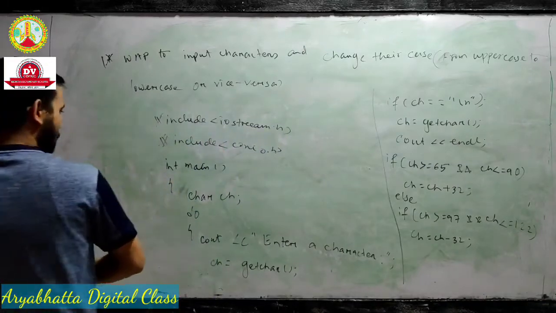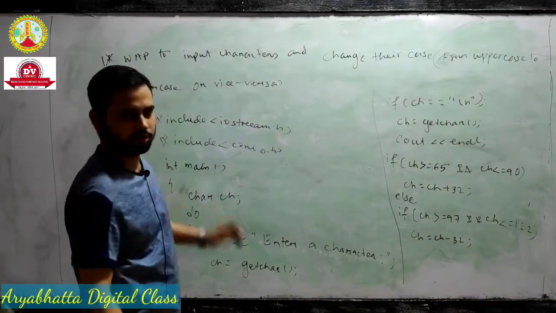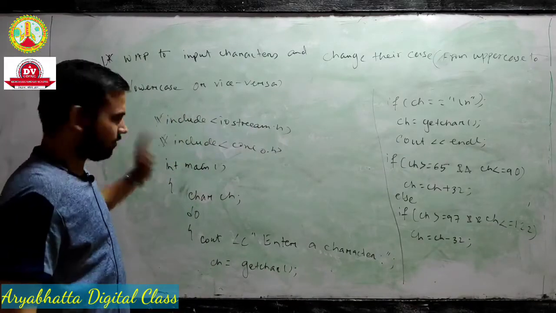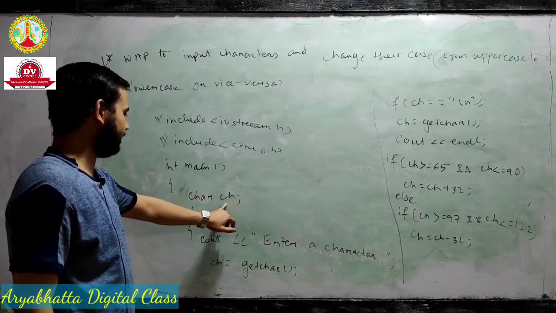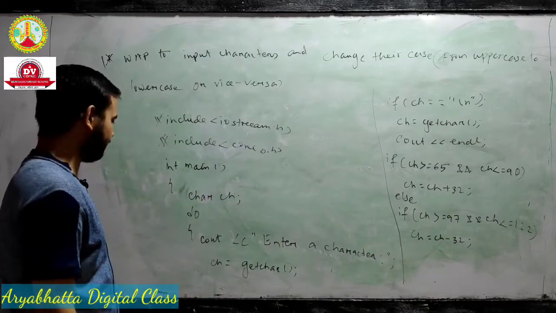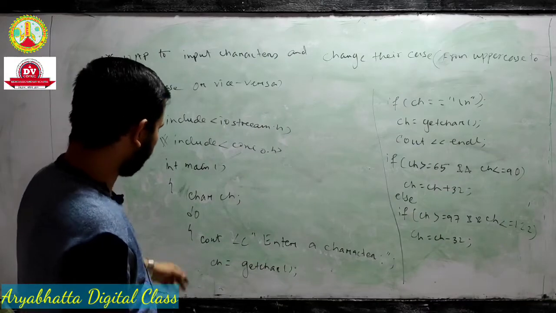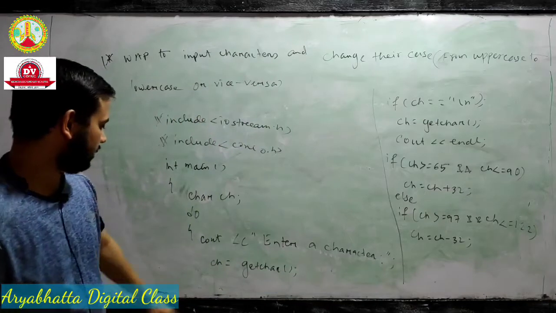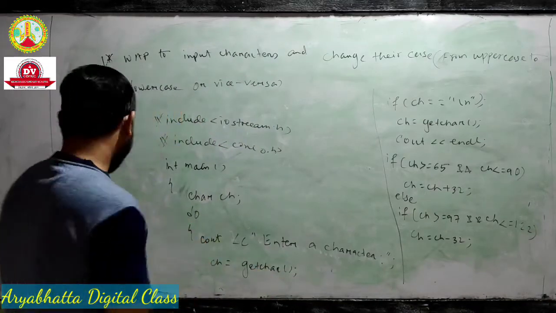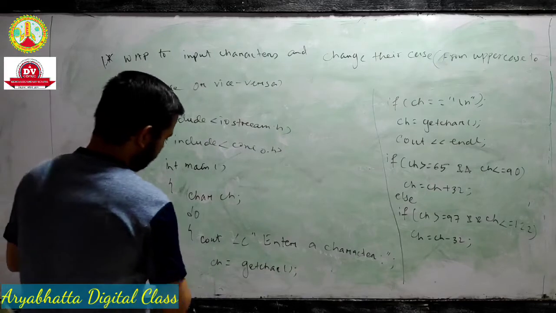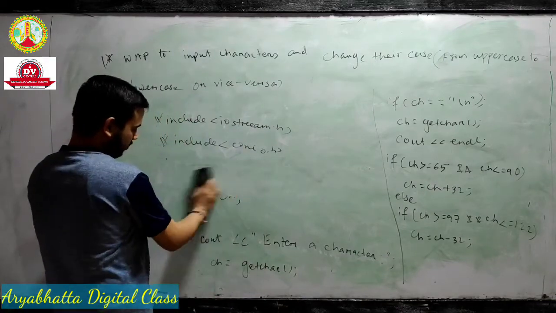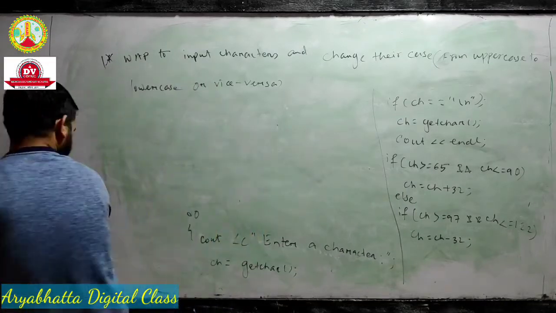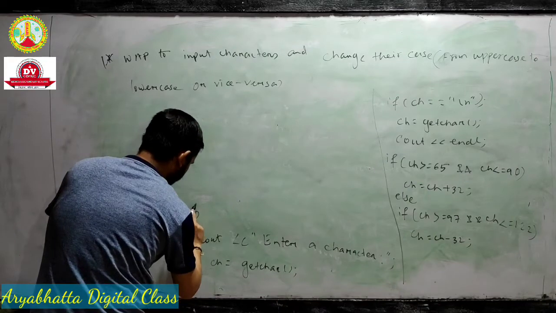I will just tell you the input part because I have to erase this to write the remaining part. You know this is the header file, this is the main function. We take a character variable ch of character data type. We take a do while loop, do, this is the input statement, enter a character, and ch is equal to getch. Your character value will be stored by this function getch. This is a console operation. Okay. Do.